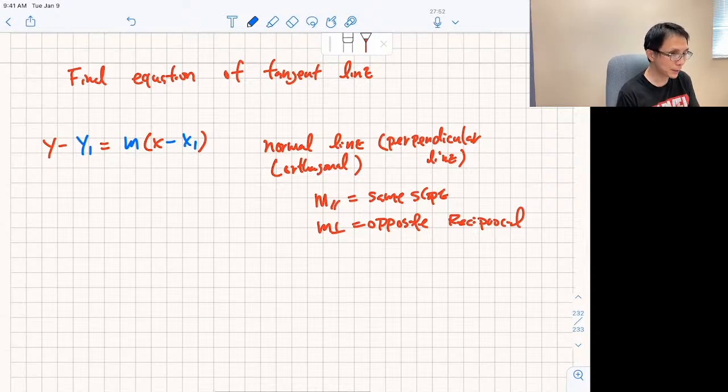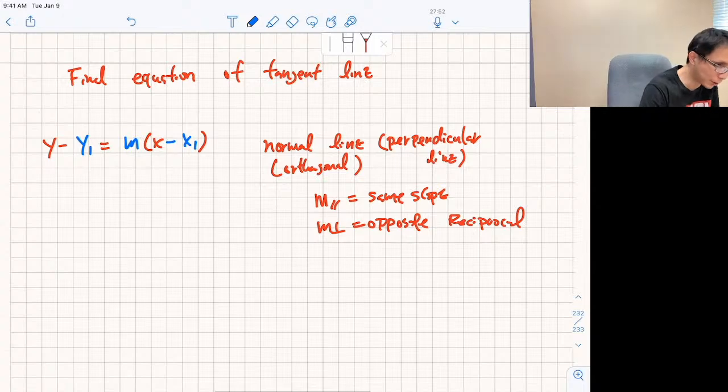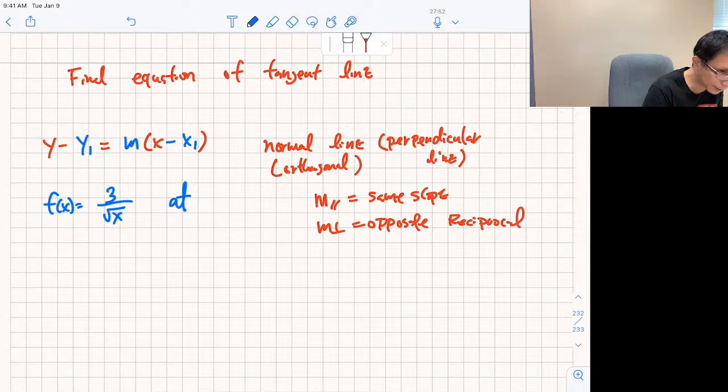And it's super easy. I'm just going to do one question. Say f of x is equal to 3 over square root of x, at x equal to 4.